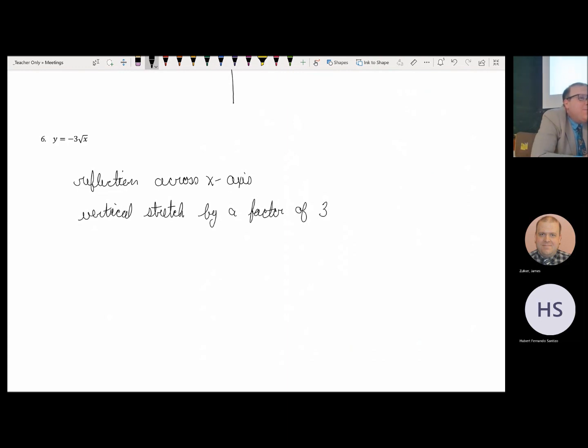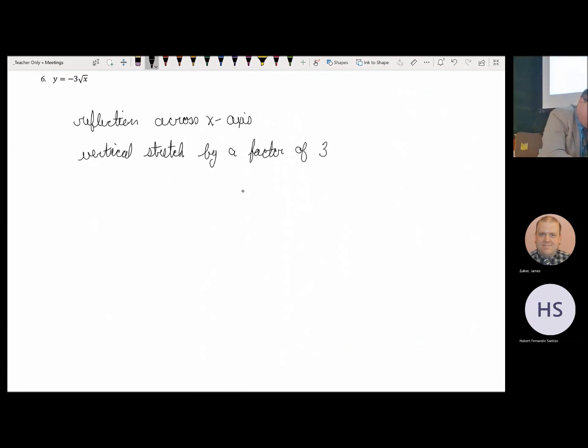Bummer. We're not going to have any x-intercepts to sketch. There's 1. So it's going to be down to -3.